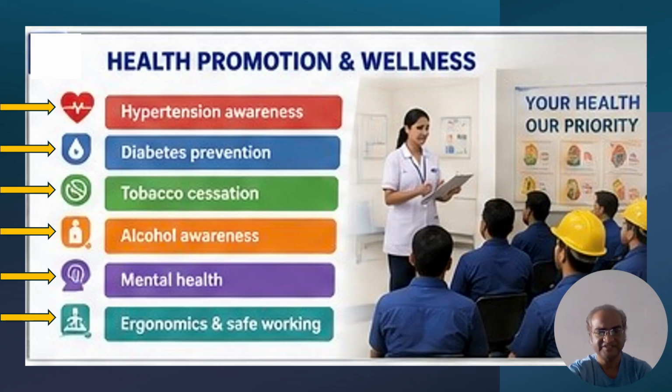Ergonomics means making the workplace fit for the workers. This is also an integral part of our occupational health services. Ergonomics. Please try to Google it a little. You will come to know about it.